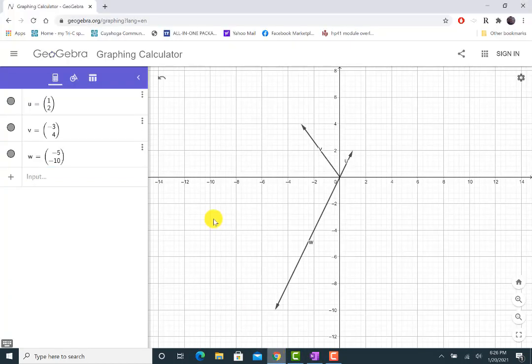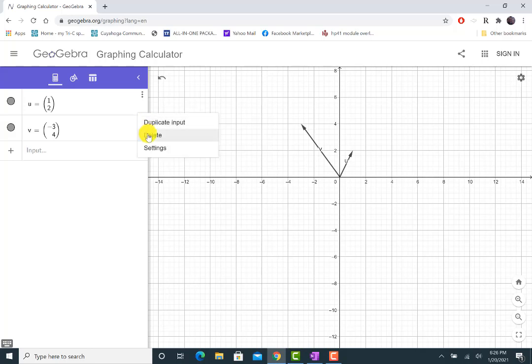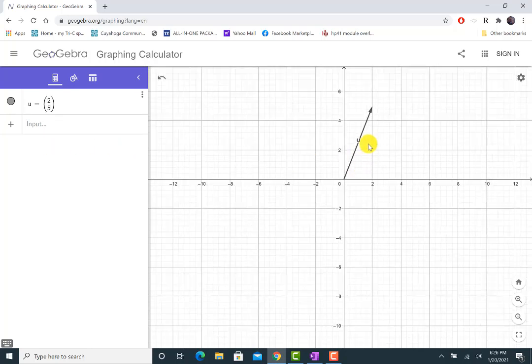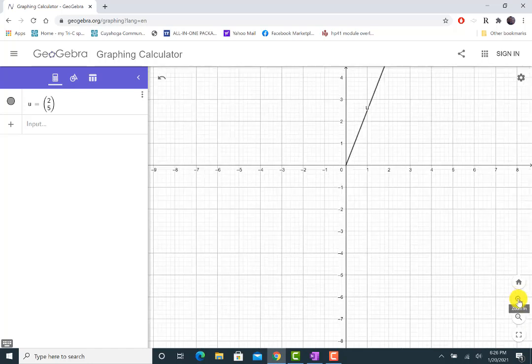Pop into GeoGebra, and to get rid of these, you can just go to these arrows over here and delete them. So let's come back here, and oh, look at that, it allows me to change them component by component like that. That's very nice. Now you can see that it has drawn it and it ends there. Let me zoom in a little bit because I want a little more detail.